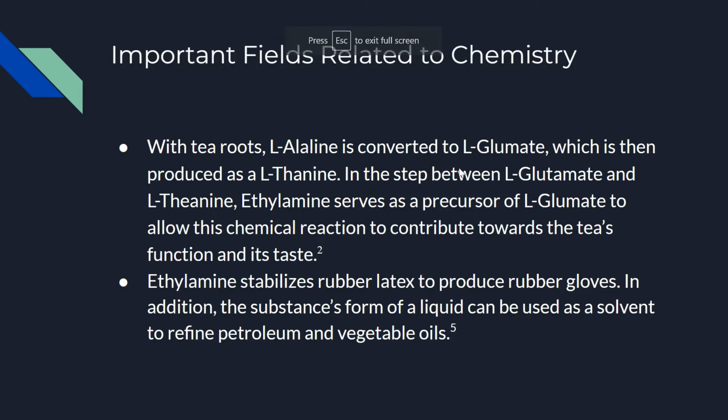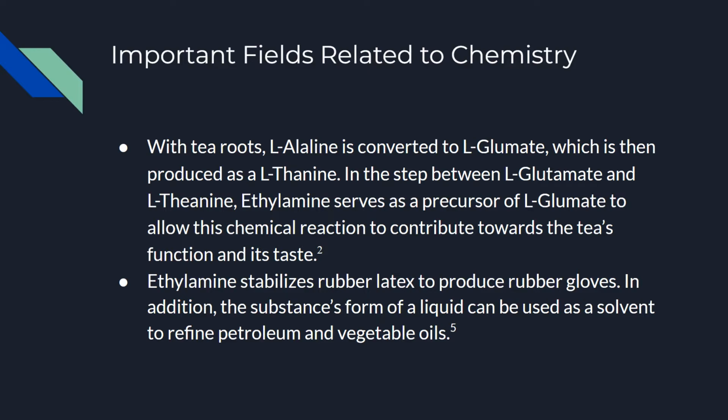Alright, so ethylamine, which is also known as ethanamine, has some important fields related to chemistry. To start off, specifically with tea roots, there is a chemical reaction involved between three substances, where ethylamine serves as a precursor.